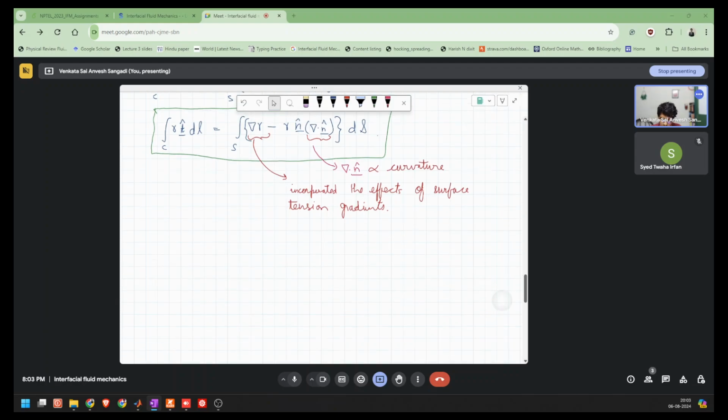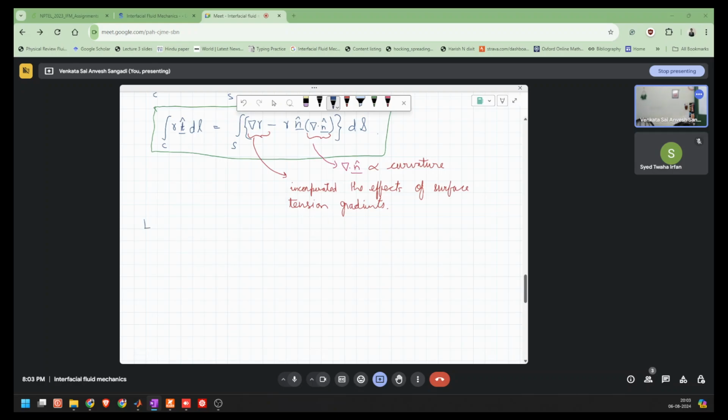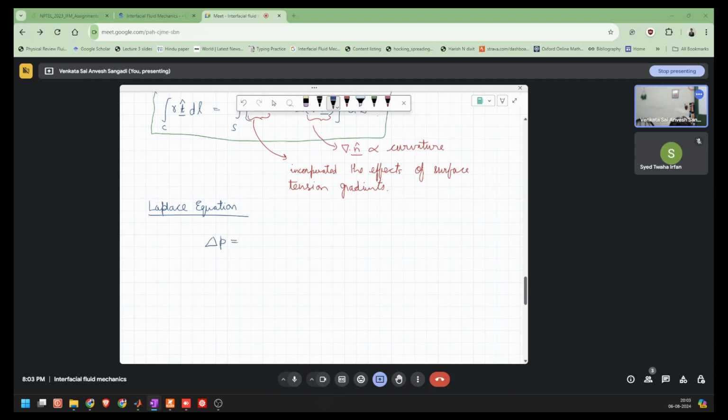So if you remember the Laplace equation, which is basically delta p is equal to gamma, the surface tension, times 1 by r, which is the curvature, 2 times the curvature, which is basically for a spherical body.